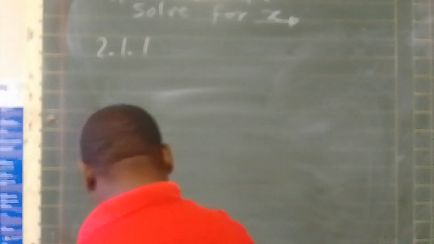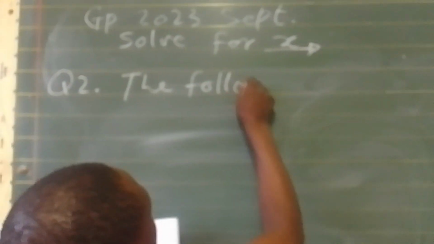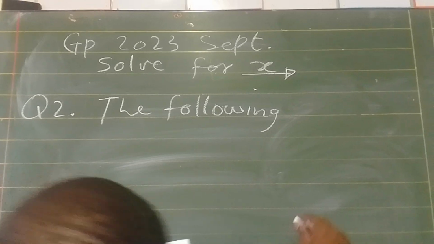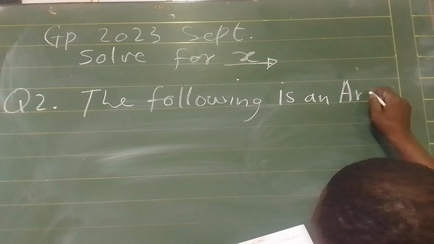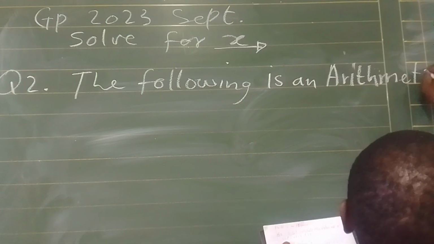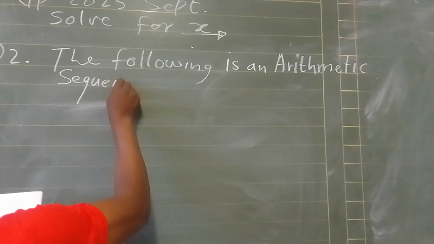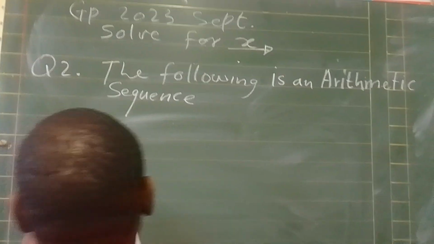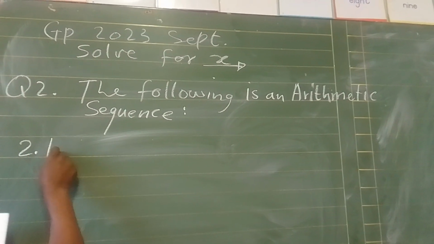Question 2 says the following: is an arithmetic sequence. 2.1.1.